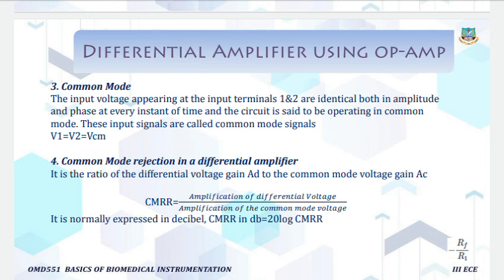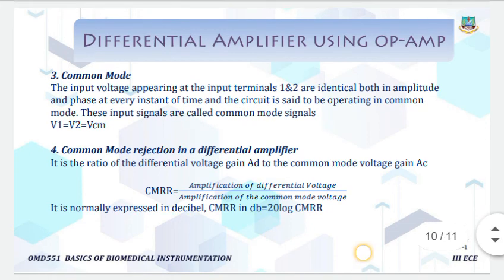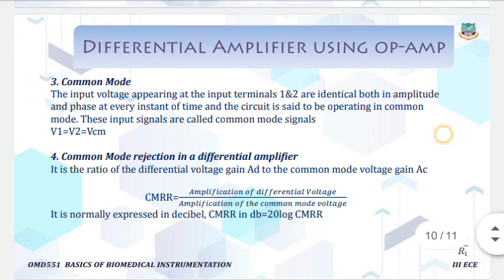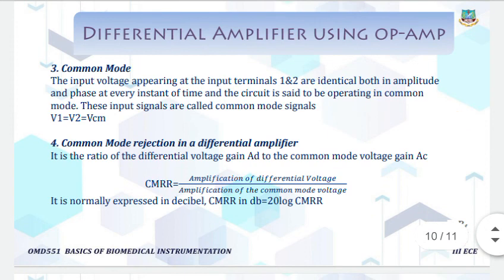Next, common mode rejection ratio in a differential amplifier. What is common mode rejection? It is the ratio of the differential voltage gain AD to the common mode voltage gain AC, that is, the amplification of differential voltage divided by the amplification of common mode voltage.